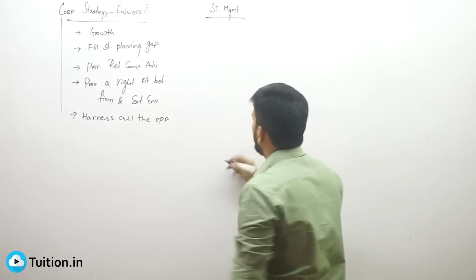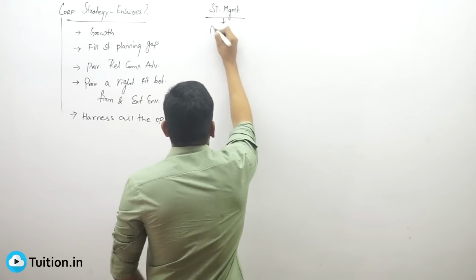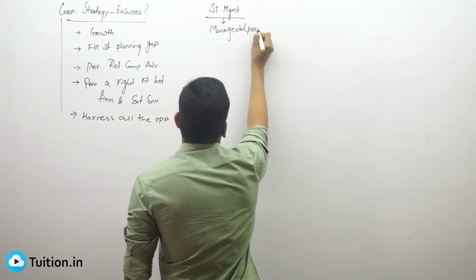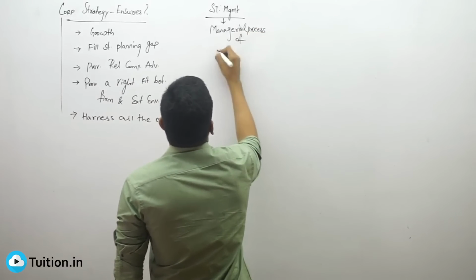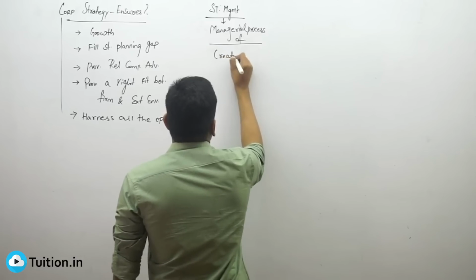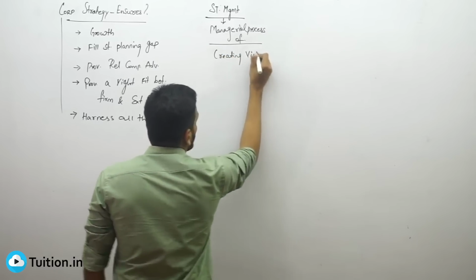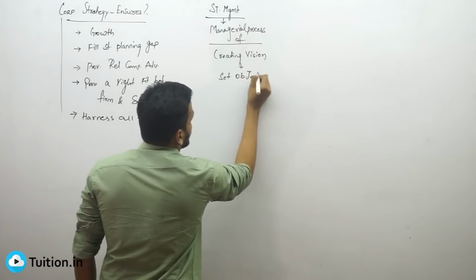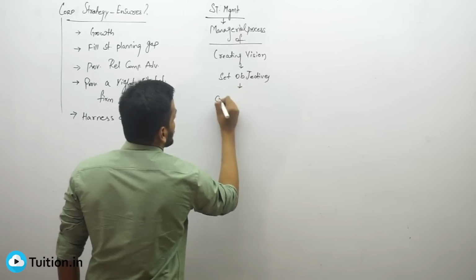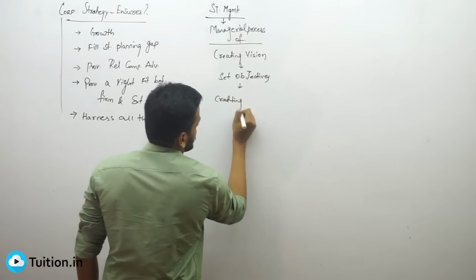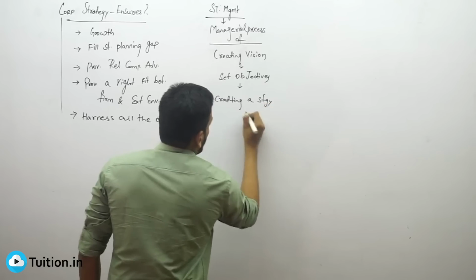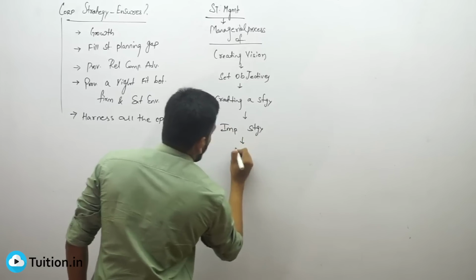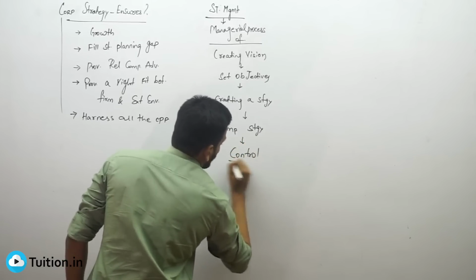What is the definition of strategic management, guys? Strategic management is a managerial process of creating vision, setting objectives, crafting a strategy, implementing that strategy, and taking corrective actions whenever required, which is called control.